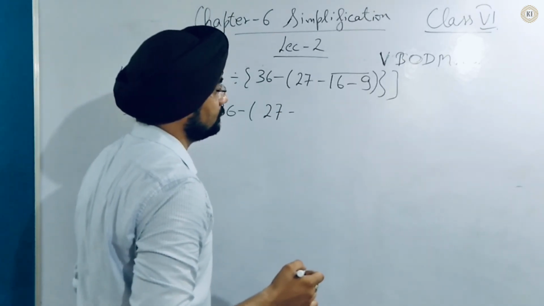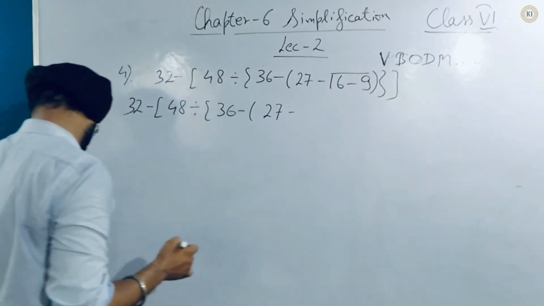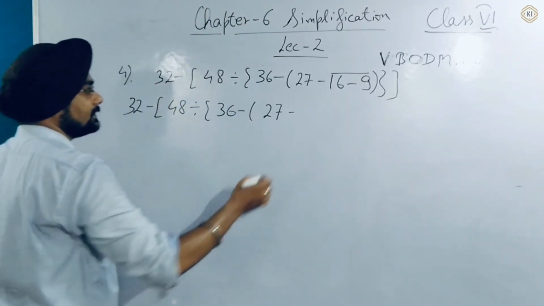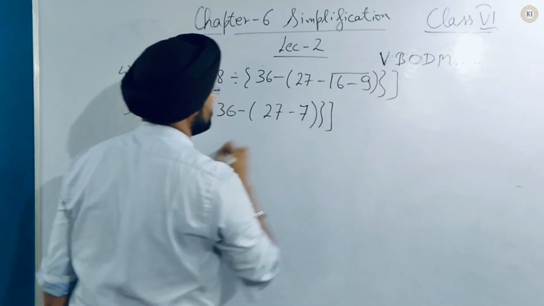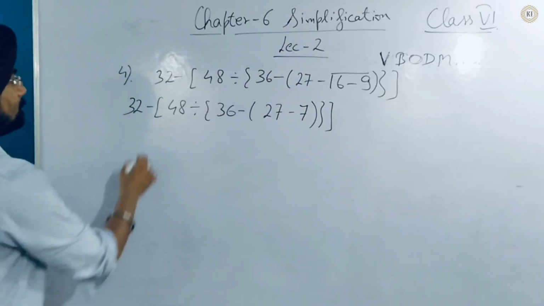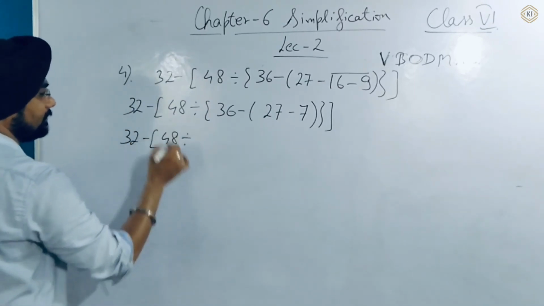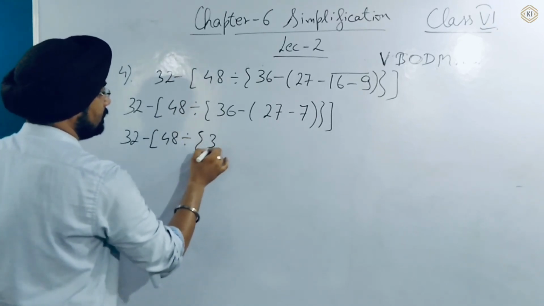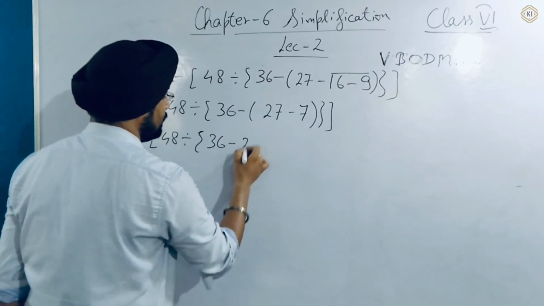It will be that will be 7. Now 32 minus 48 divide 36 minus 27 minus 7 will be 20.